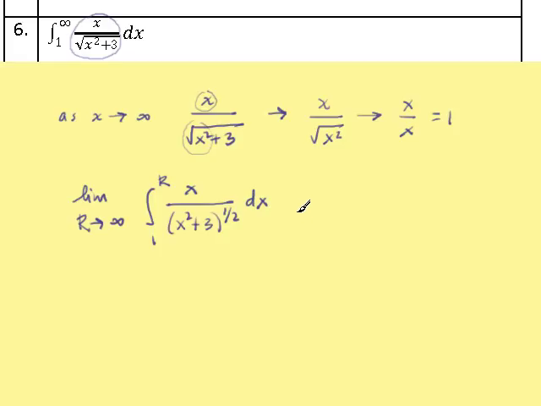We could integrate this using a u substitution. If u is equal to x squared plus 3, then du is 2x dx. We're just missing the 2 over here. So let's integrate this using the power rule. Let me write this with an exponent of minus 1/2 so that we get ready for the power rule.